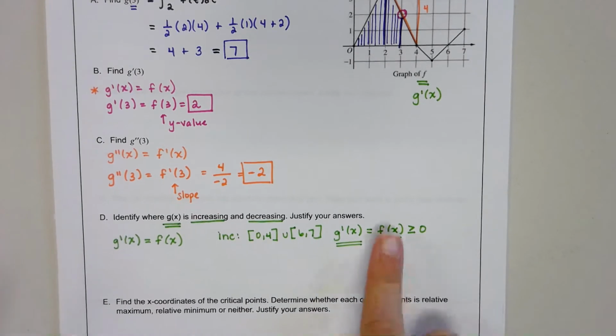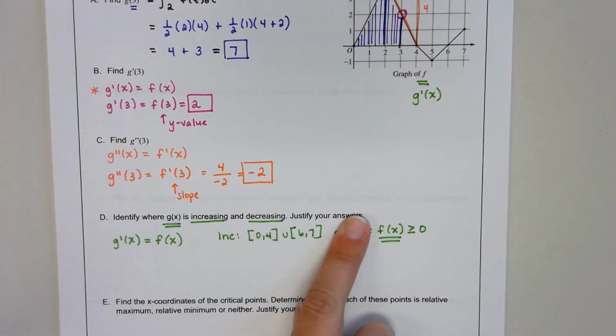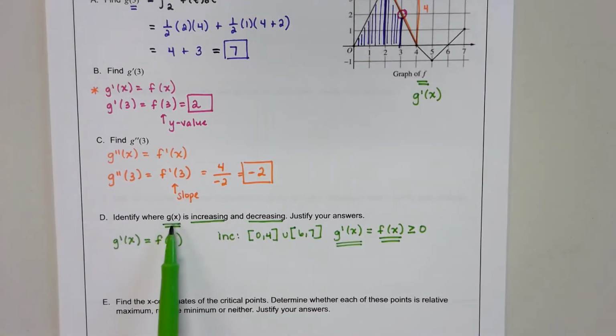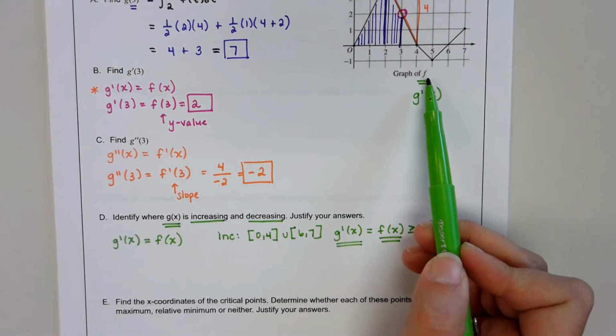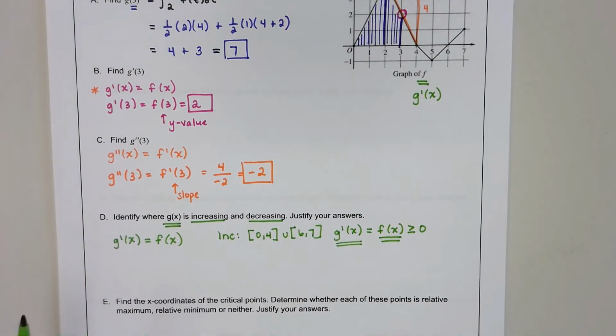So it would not be enough to just say g prime, and it would not be enough to just say f. We need to show a connection between the function that we are being asked questions about, which is g, and the function that we have a graph of, which is f. That means you need both pieces of that explanation in order to get full credit.